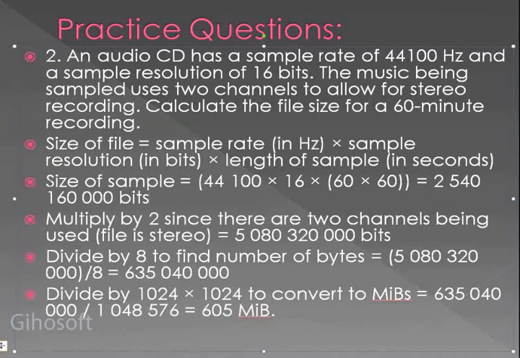Now for finding the size of sample, first of all we multiply the sampling rate, multiply by sample resolution, multiply by length of sample in seconds. Now in the question, the length is given in minutes, so we just multiply it with 60 in order to find the length of the sample in seconds, because in 1 minute there are 60 seconds.